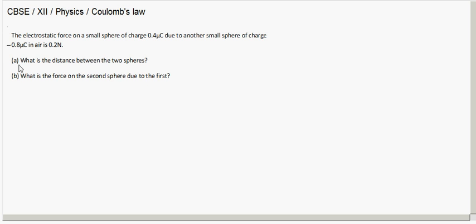What is the distance between the two spheres? What is the force on the second sphere due to the first sphere? We will try to solve this.